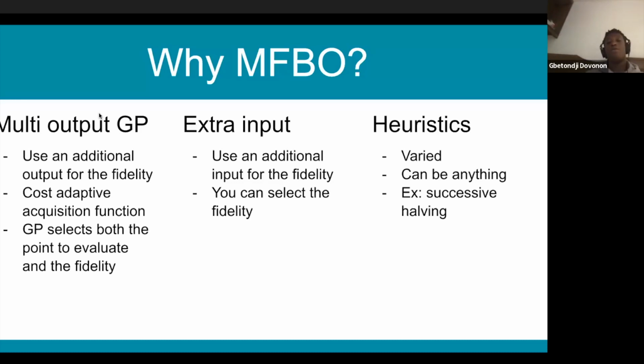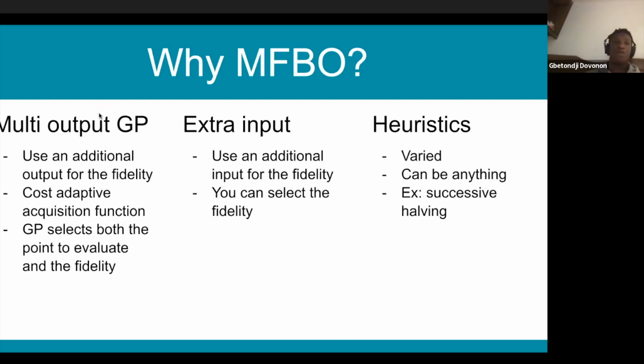So the Gaussian process will select both the fidelity and the point to evaluate. And if you want to evaluate a specific fidelity, you can just constrain the output of your GP to that specific fidelity.